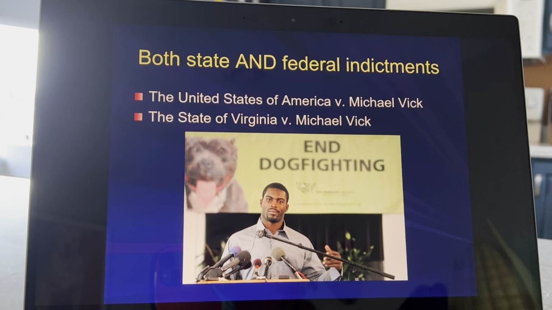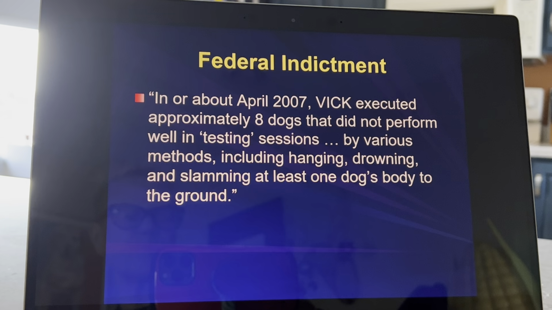So yeah, you can be indicted at both levels, and he actually was convicted of both. So he served time first in state prison, and then he was convicted on federal charges, so he also served time in federal prison. So, you know, it's really kind of a double whammy when that happens.